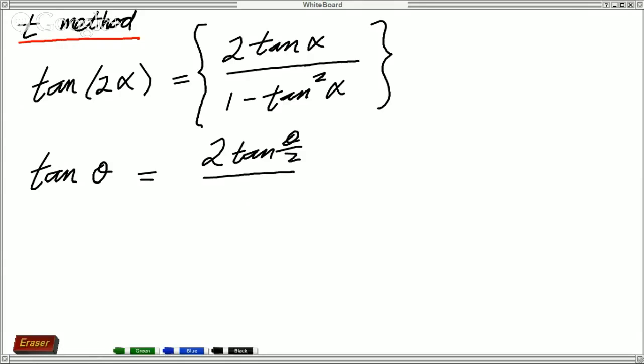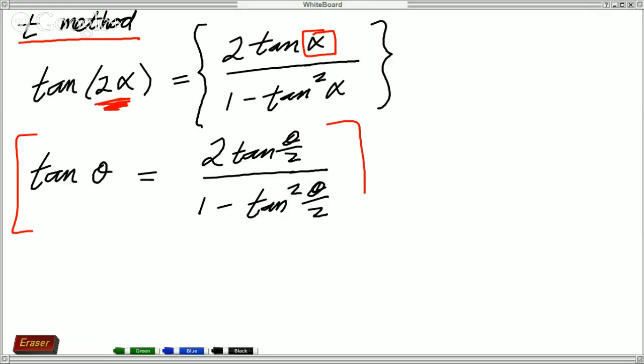Like this was twice as big as this, so my theta needs to be half the size, over 1 minus tan squared theta on 2. So that would be my expression there, and I haven't really done anything new.